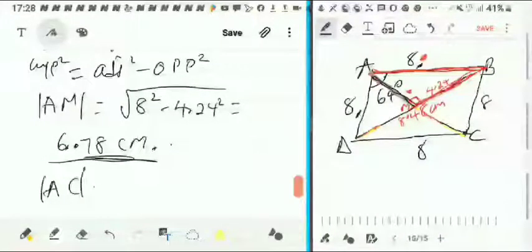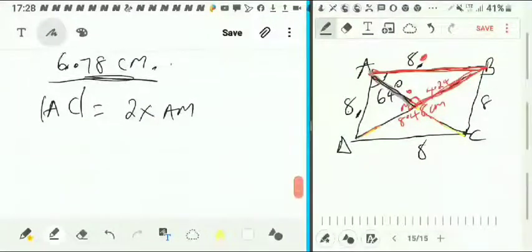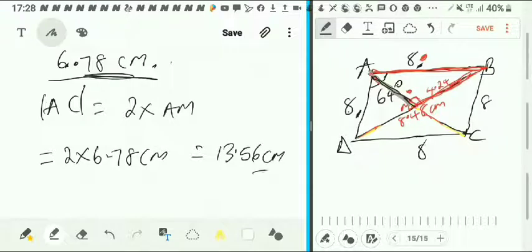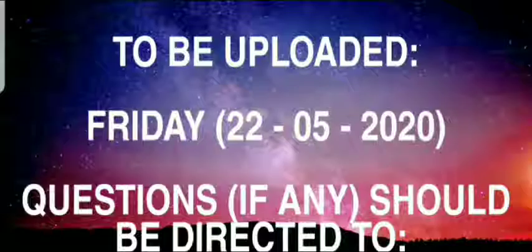So AC now will be equal to 2 times AM, which is equal to 2 times 6.78 cm, giving me 13.56 centimeters. Okay, so that's about that, and that brings us to the end of the first module of this tutorial. Thanks for watching.